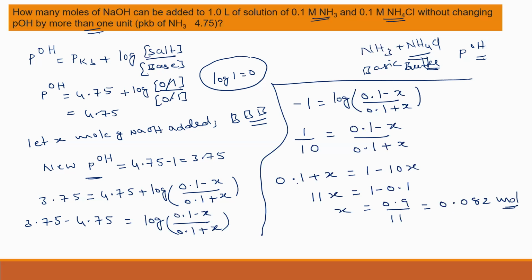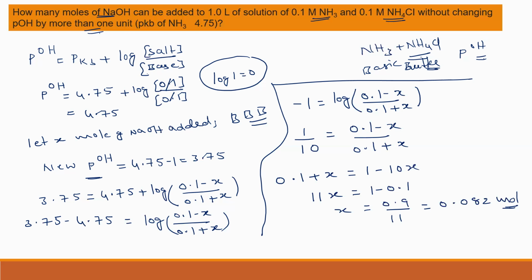By adding 0.082 mole of NaOH, the pOH will not change by more than 1 unit. So this is the answer.